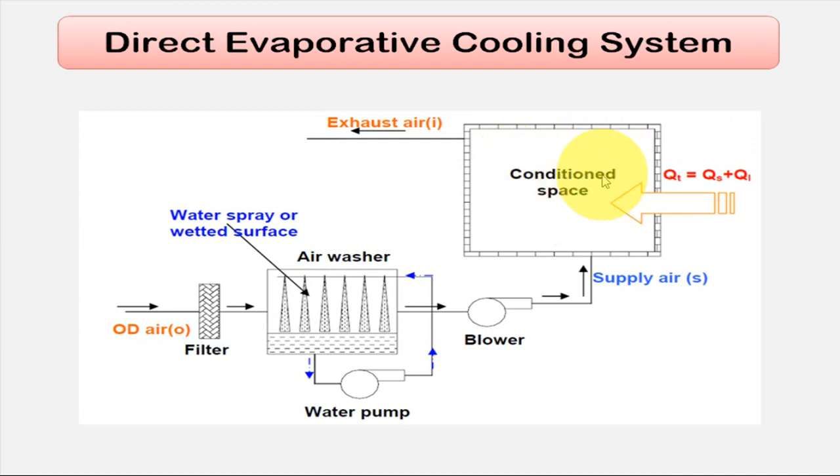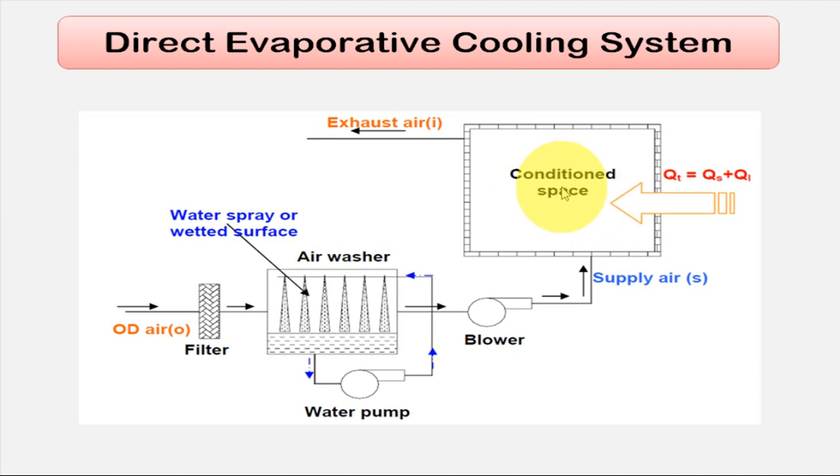Our objective is to cool this space. So whatever air is cooled here with added moisture will be sent to the conditioned space. This is the working of your direct evaporative cooler.